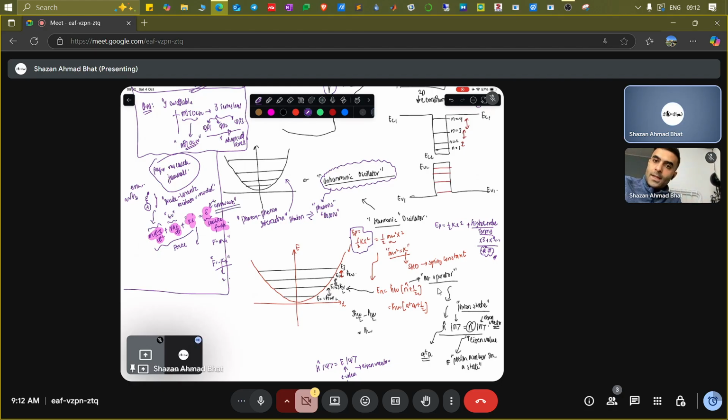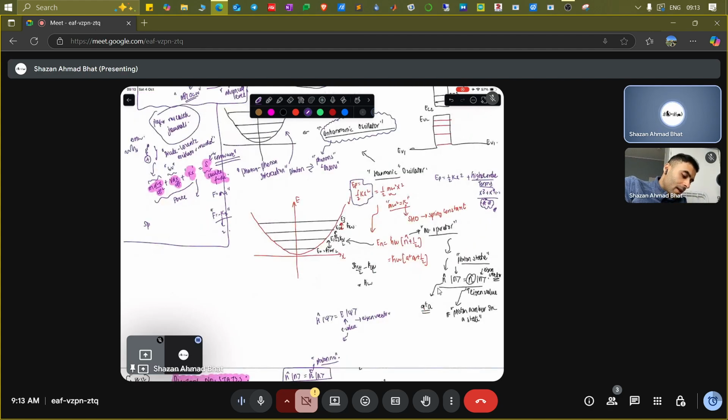Okay. Similarly, you have such differential equations in all areas of physics. A similar equation, if you want to understand the spin dynamics, I'm talking about the electron spin.